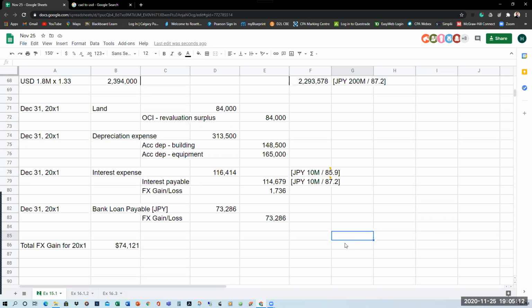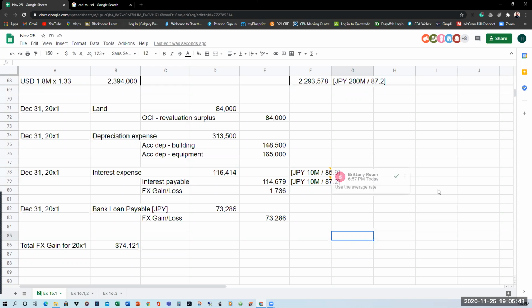You just have to keep a few things in mind: you use spot rates for transactions. Just keep in mind that the exceptions are for depreciation. Basically use the original translated amount of the asset.